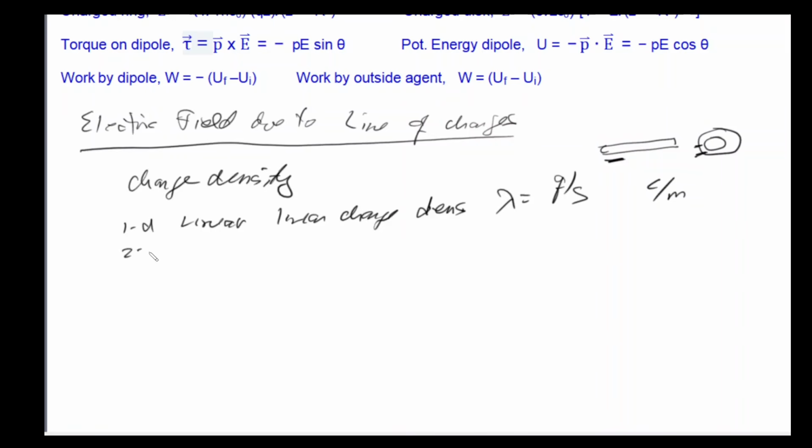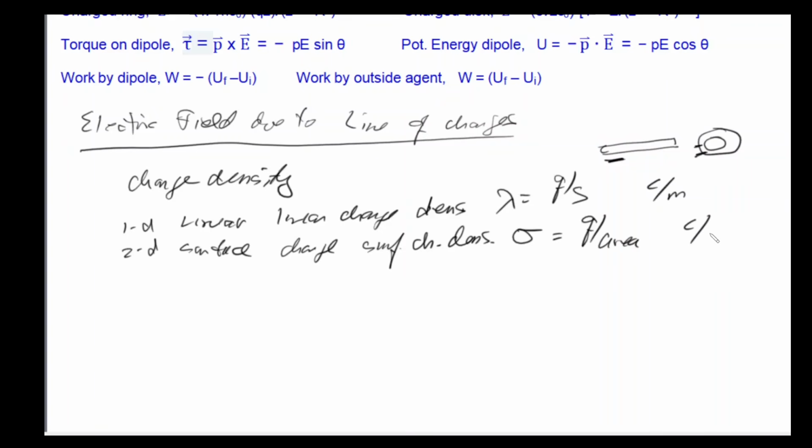For a two-dimensional object, we're looking at a surface charge, and so we use what's called a surface charge density, and that's given by sigma, which is equal to charge per area.